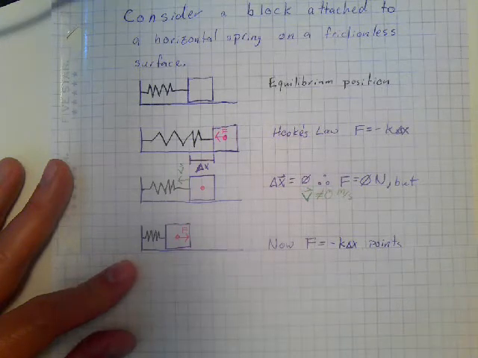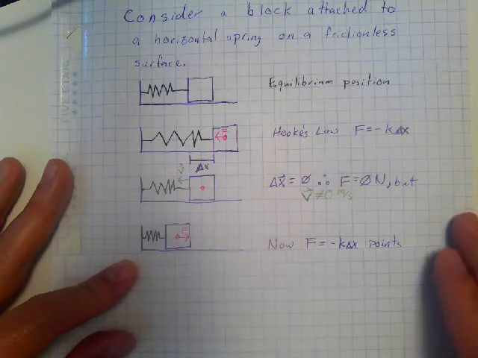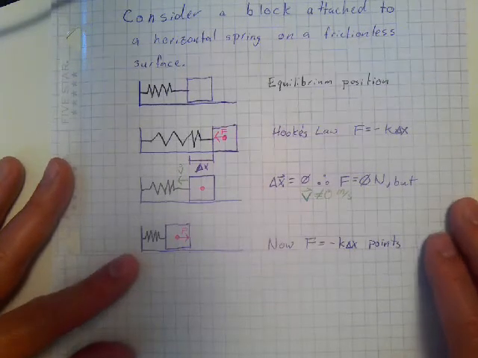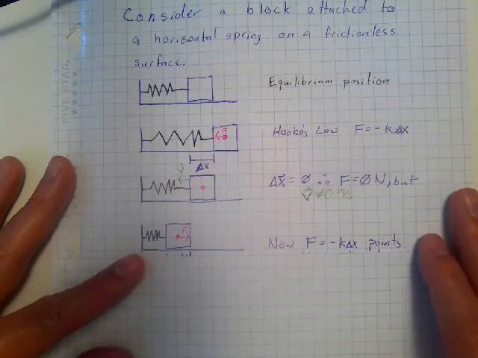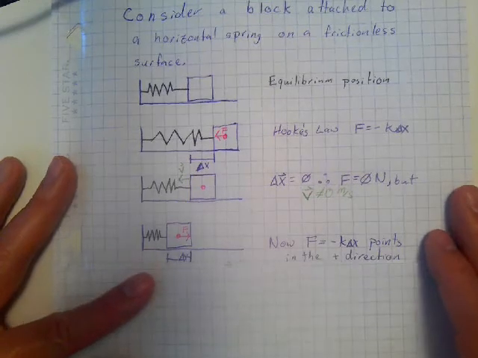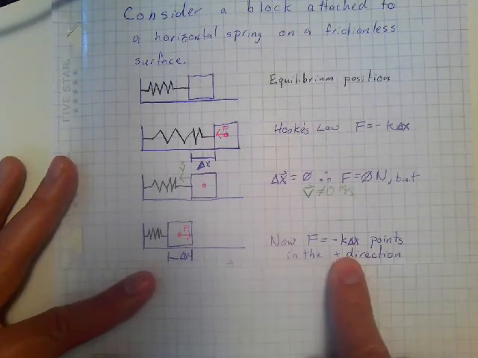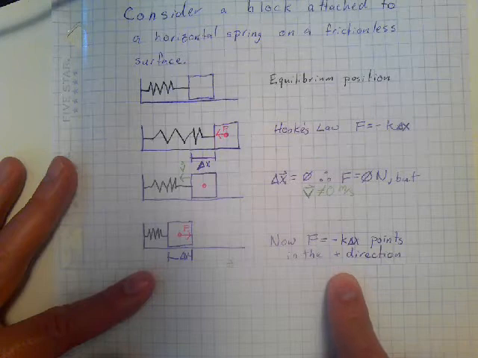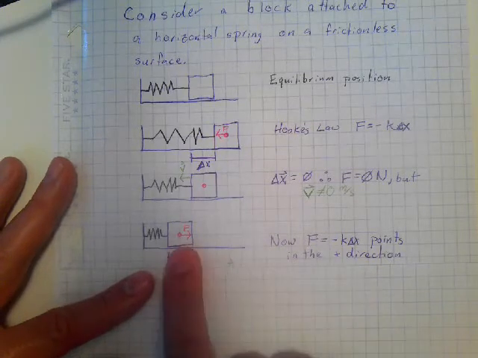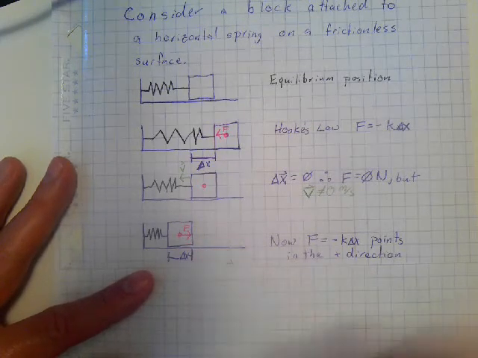And this is also with an ideal spring. Obviously, some springs can't compress as far as you can stretch them. So now we've got our restoring force pointing in the positive direction. So now we're going to be accelerating in the positive direction.